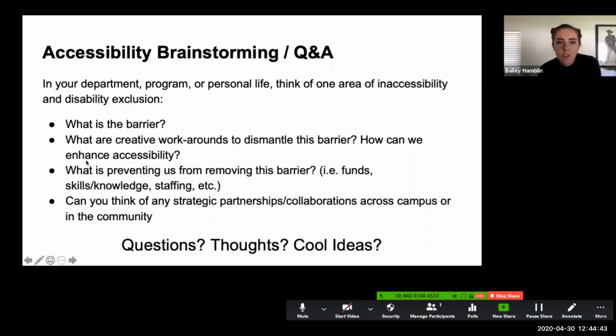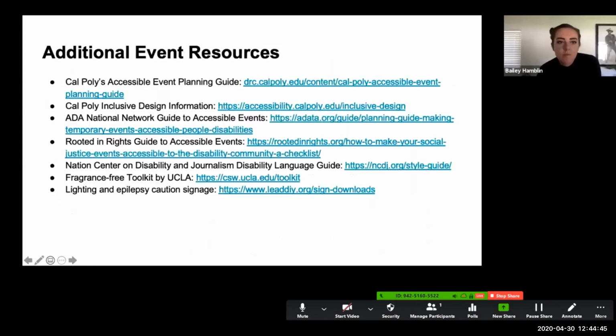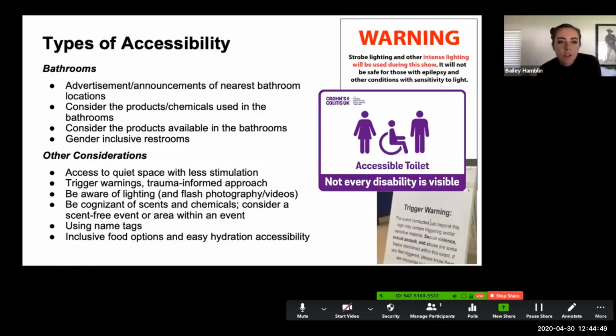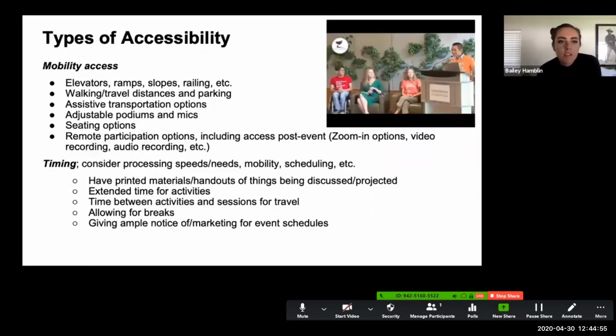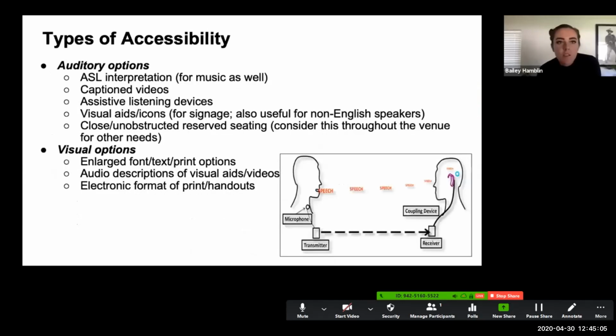I can go back to a couple of them. So just looking through these, were there any that seemed easy? Or if folks have any thoughts of like, why haven't we done these things in the past? Has it mostly just been attitudinal, like not aware of things?